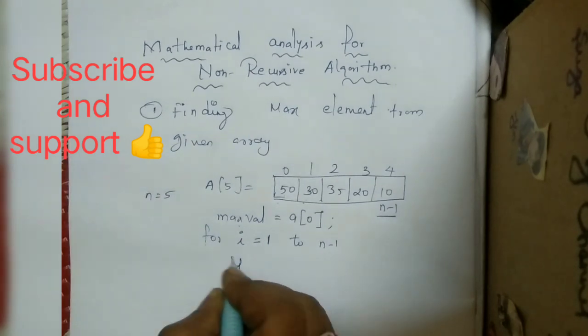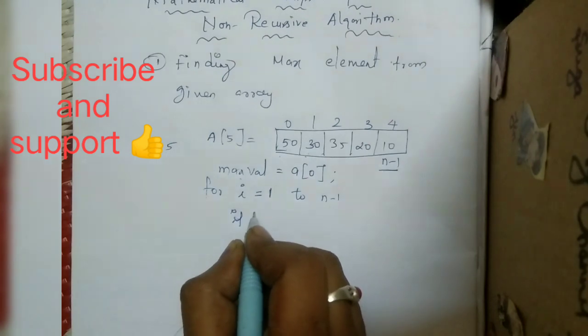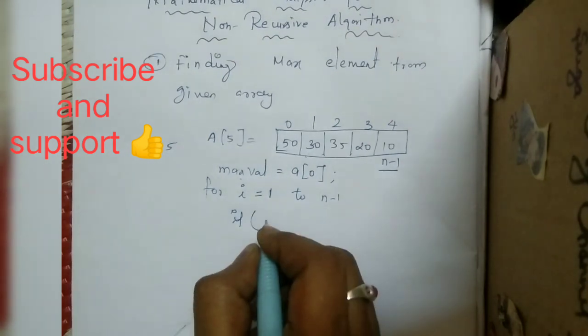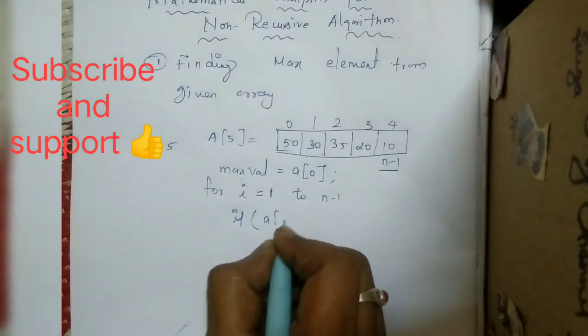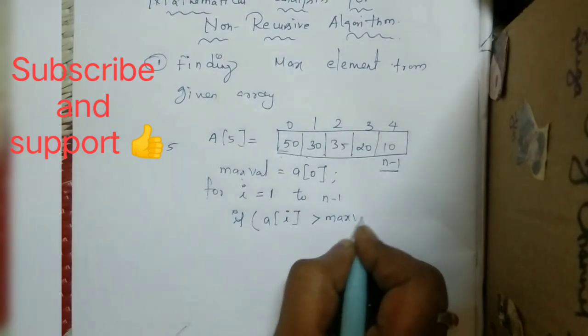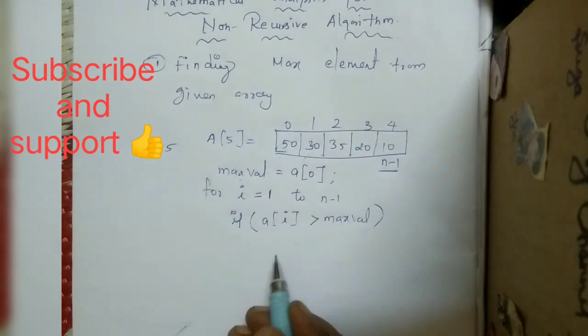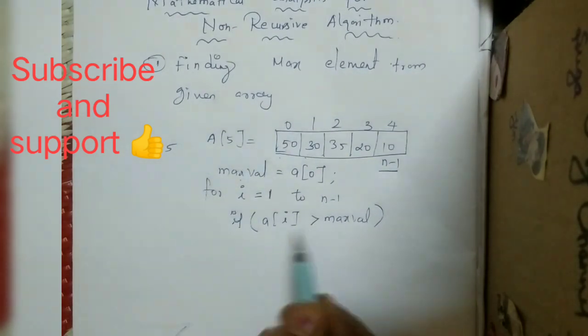Next we write the comparison operation. Here we check if a of i is greater than max value, the value we have stored in max value.